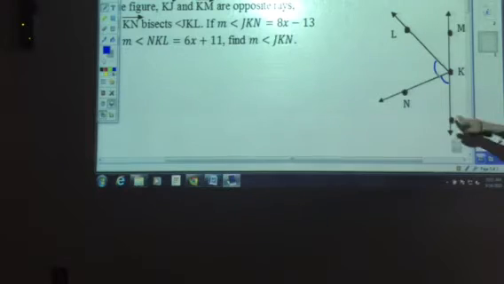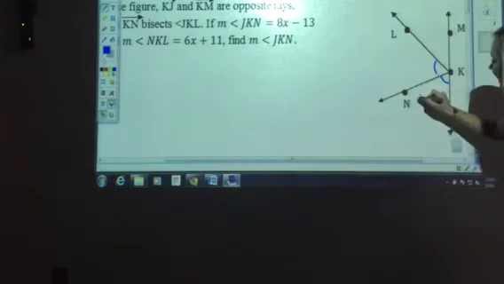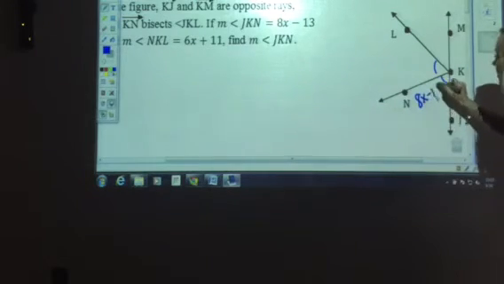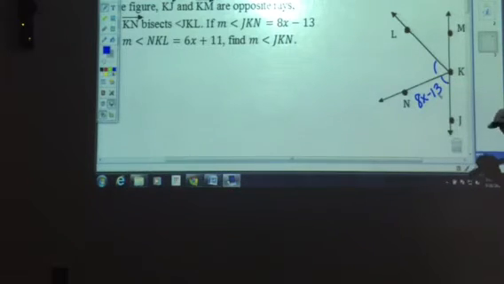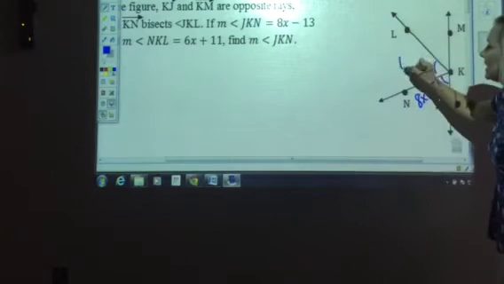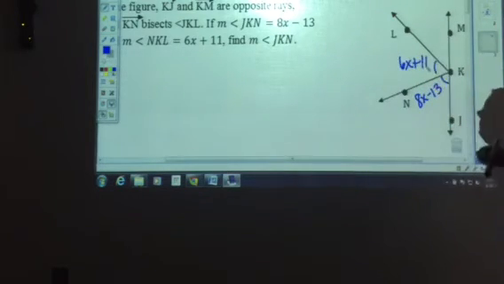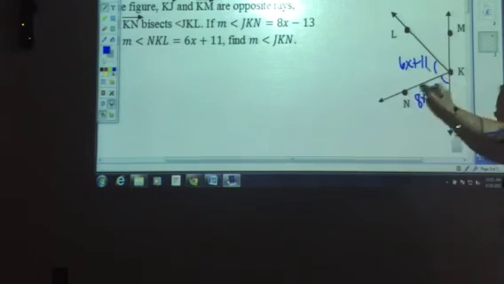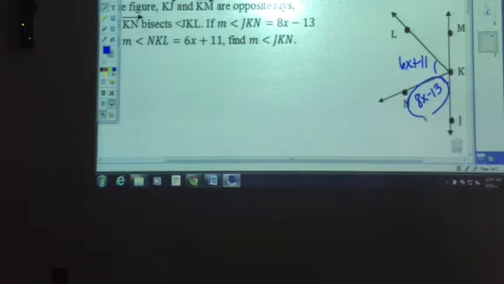It tells me the measure of JKN is 8x minus 13, and the measure of angle NKL is 6x plus 11. They want us, in the end, to find the measure of angle JKN. So this is the one they're wanting us to find right here, okay?